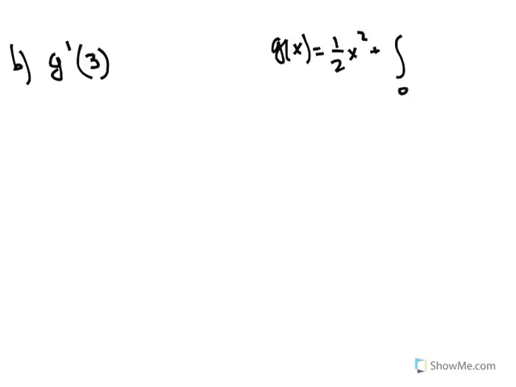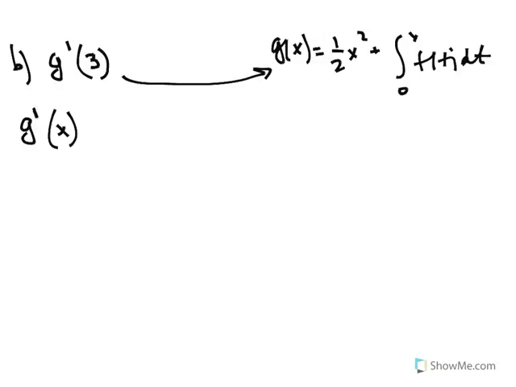Now, let's try to do something else. Let's try to find g prime at 3. Okay, so the function is g of x, 1/2 x squared plus the integral from 0 to x of f of t dt. It says find the derivative at 3, but we need to find the derivative of g of x first, and we're going to use the FTC 2.